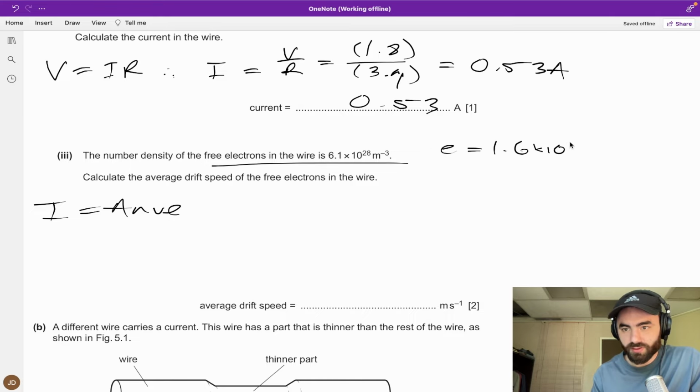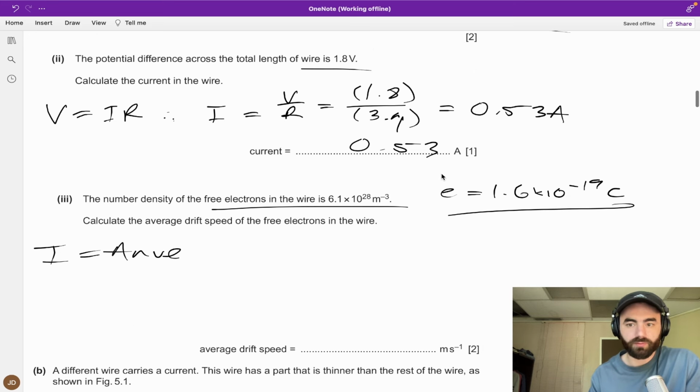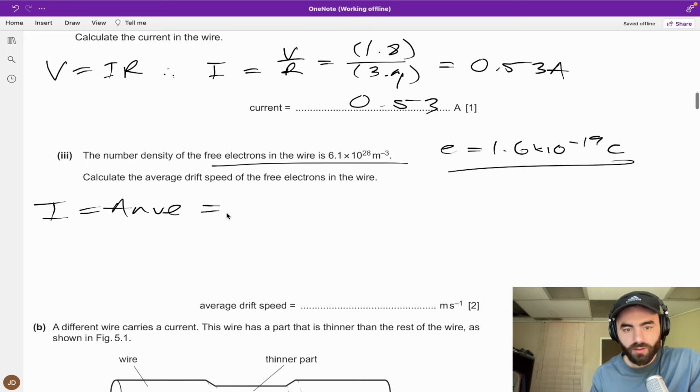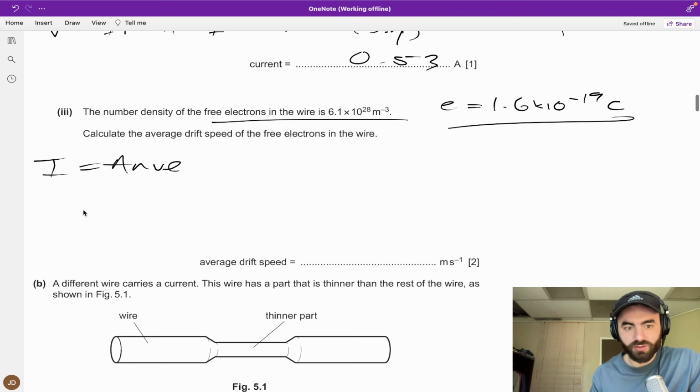So 1.6 times 10 to the negative 19 coulombs. They give you that on your formula sheet. That's the charge of the electron. And if we want the average drift speed, just rearrange for V. V equals I over ANE.